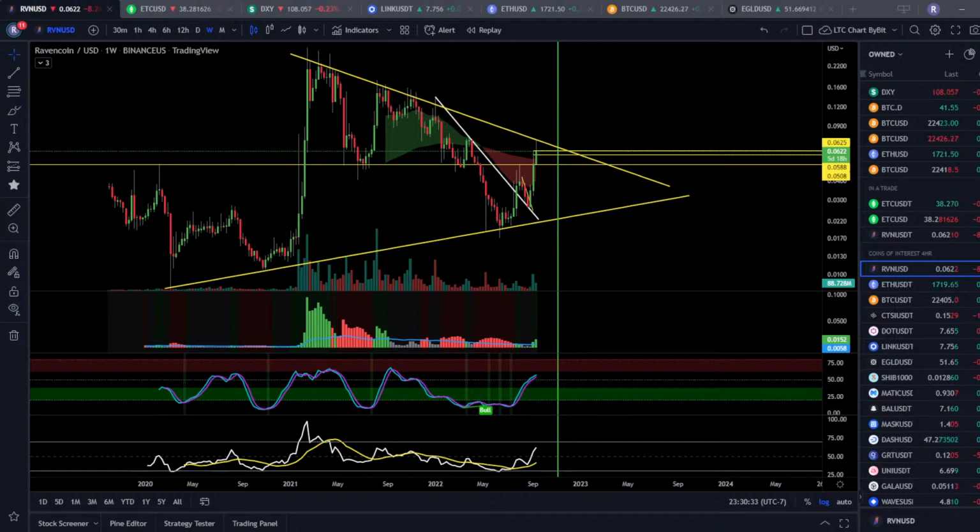Checking some settings here. Boy, I still got to figure this out.